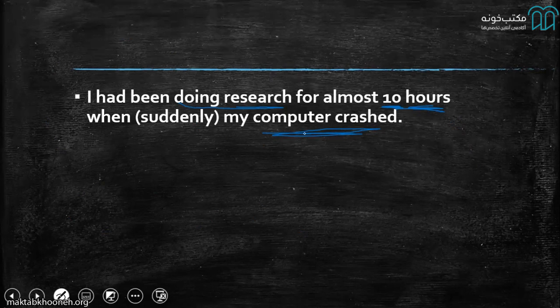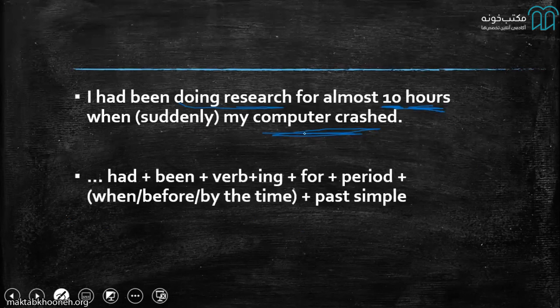Take a look at the form, and you'll easily be able to construct these sentences. So the form is pretty much had, and yes, it's always had. Then you have to put your been. Then you have your verb ing, whatever that may be. You have to put for and a period of time, or else there's no sense in using this grammar. Then you would probably bring when or before or by the time to introduce that other action, which is with the simple past, that stopped your first action.